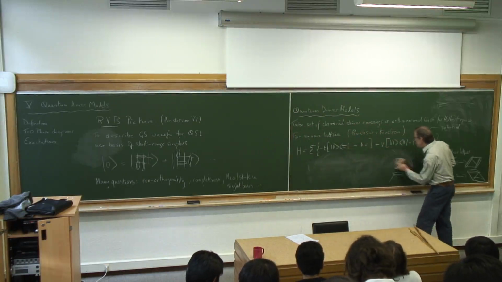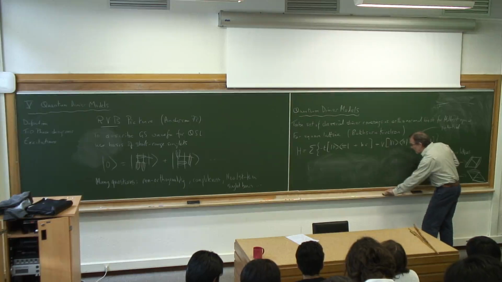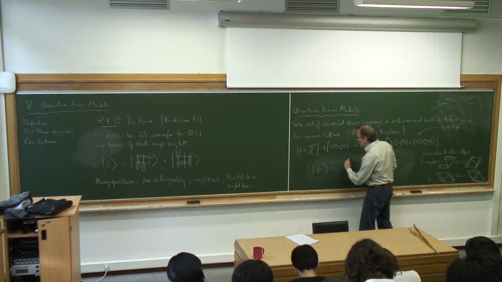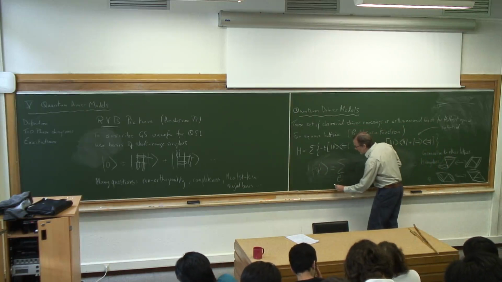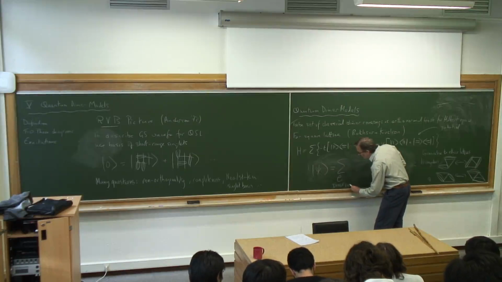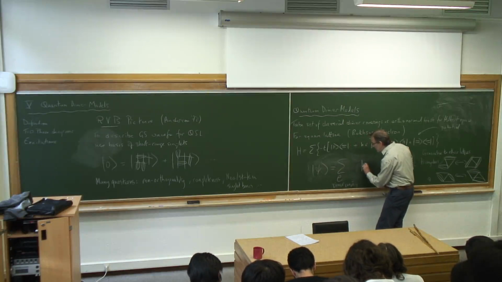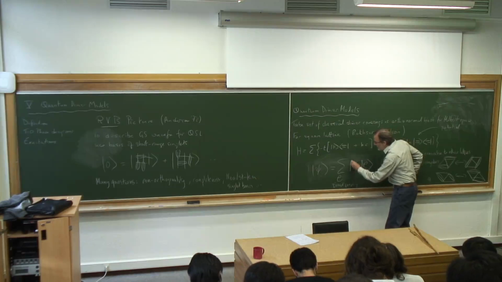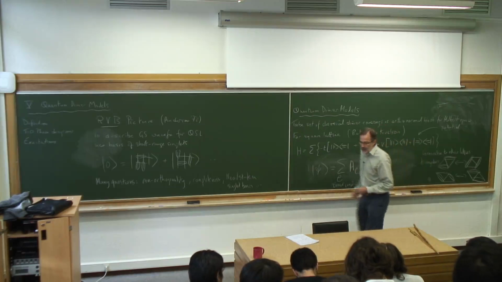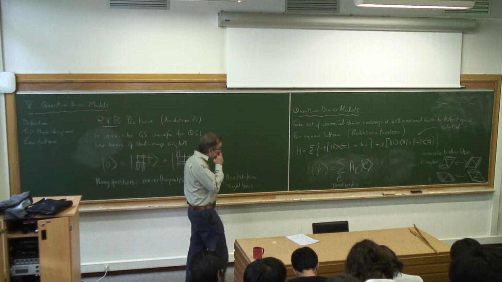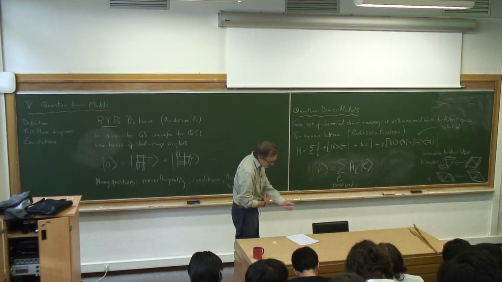It acts on this Hilbert space of dimer coverings. So, in general, any wave function is going to be a sum over dimer coverings, and I can write a particular dimer covering with some label C, and a wave function in general will be a superposition of states like that.